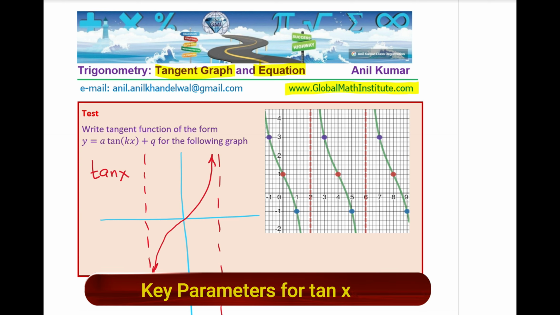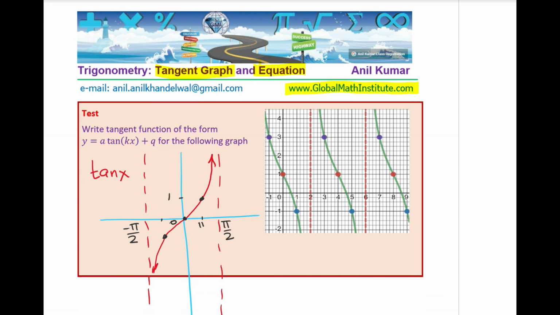The critical points which we are talking about are these points: vertical asymptotes at minus pi by 2 and plus pi by 2, 0 at 0, and then we have the value of plus 1 at pi by 4 and minus 1 at minus pi by 4.